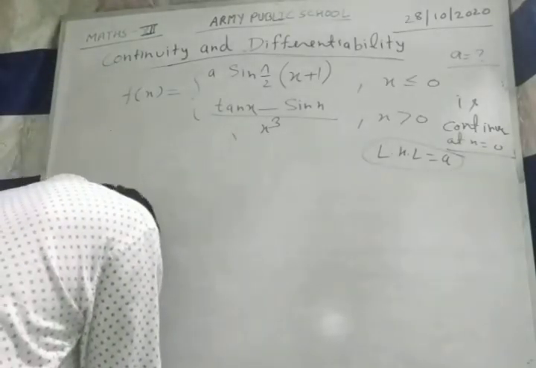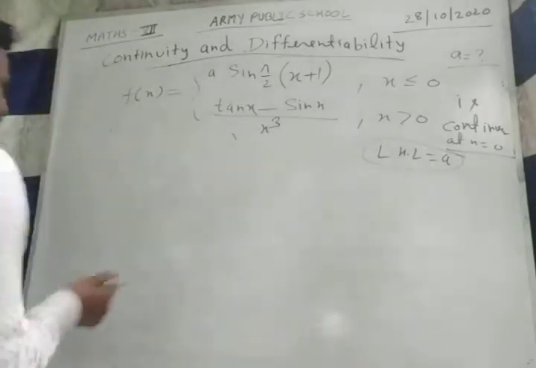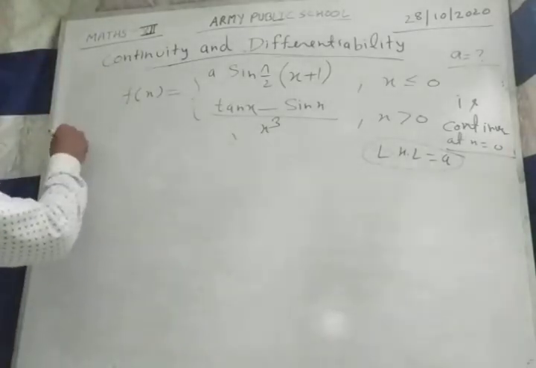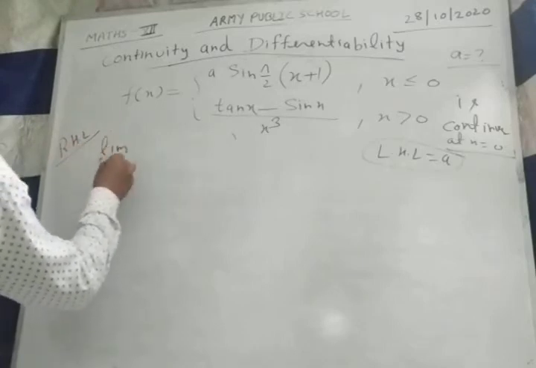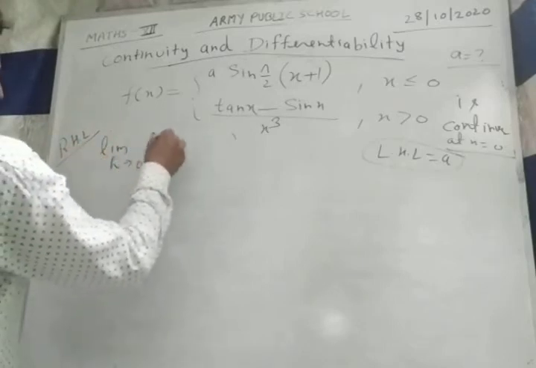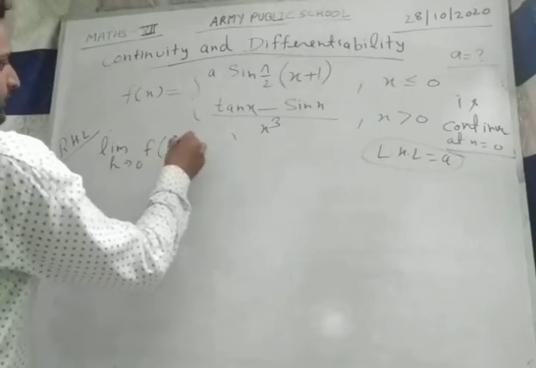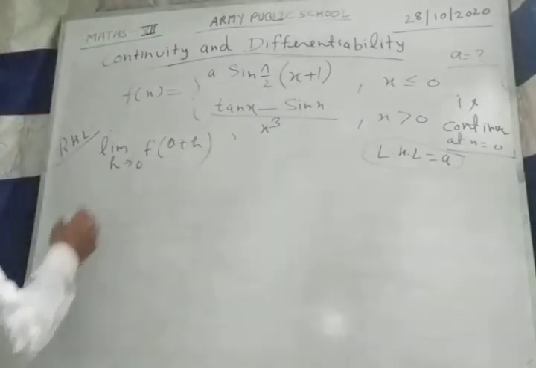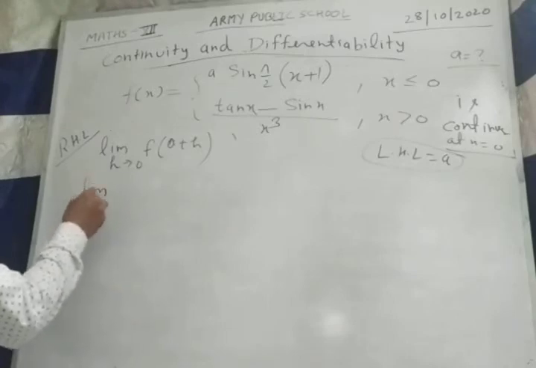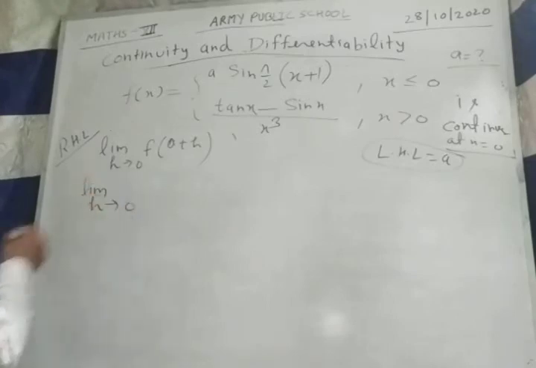Our right hand limit. So let the right hand limit be limit h tends to 0 of f(0 plus h). So we write limit h tends to 0.